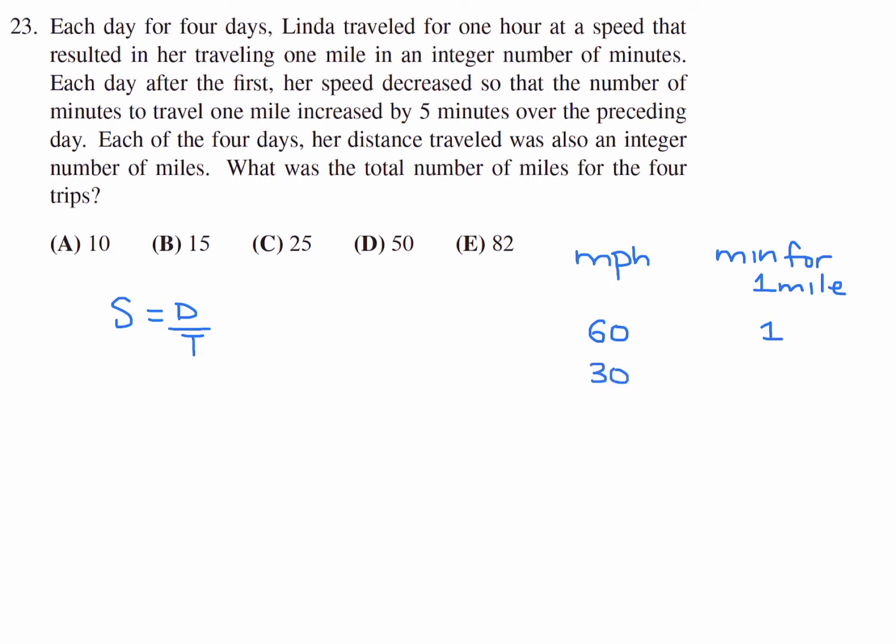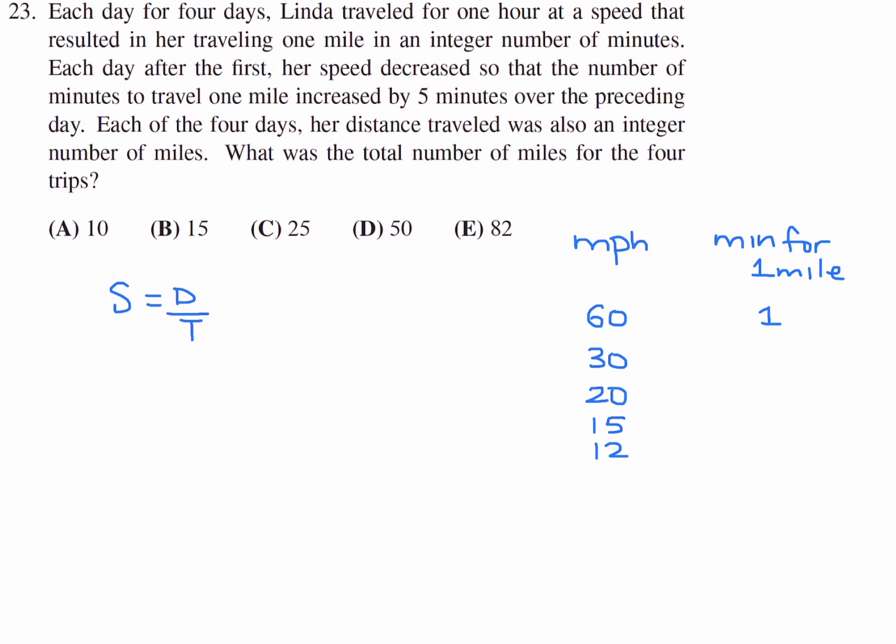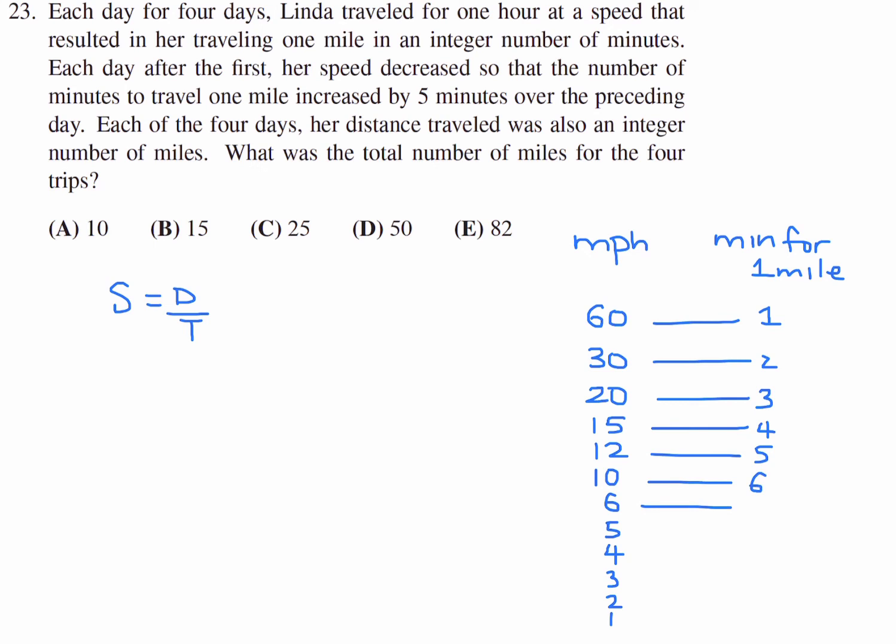So 30, 20, 15, 12, 10, 6, 5, 4, 3, 2, 1. And the corresponding values will be 2, 3, 4, 5, 6, 10, 12, 15, 20, 30, and 60.